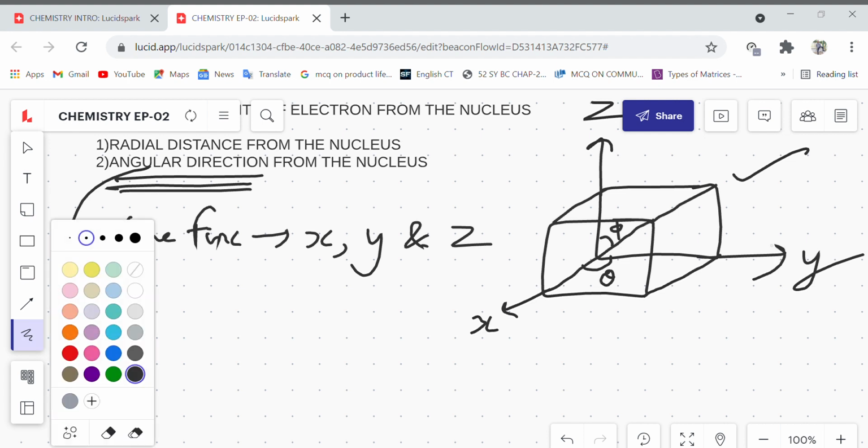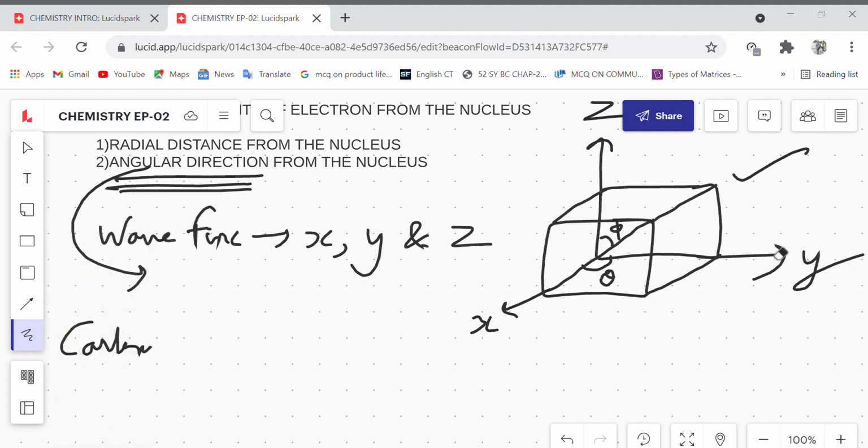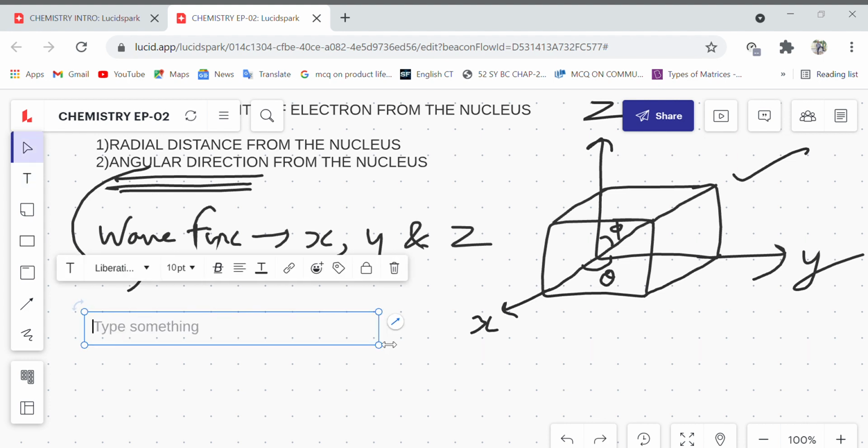Let me write it in a proper manner. So what we generally do, the Cartesian form is converted to angular form.